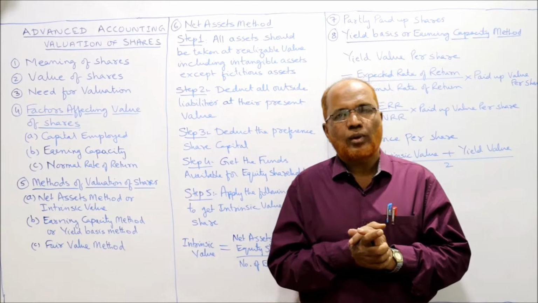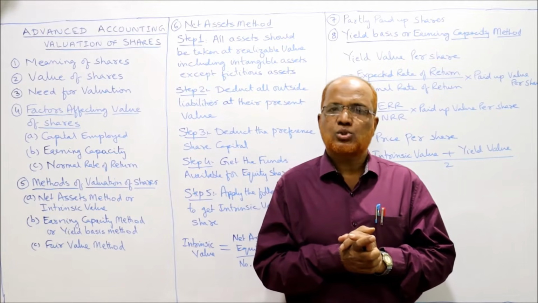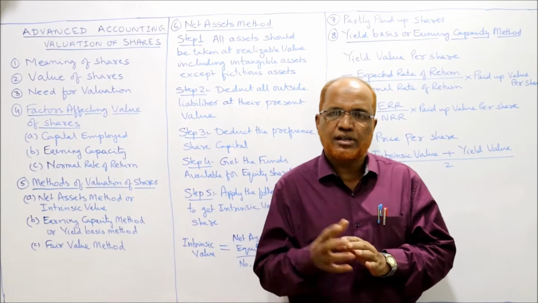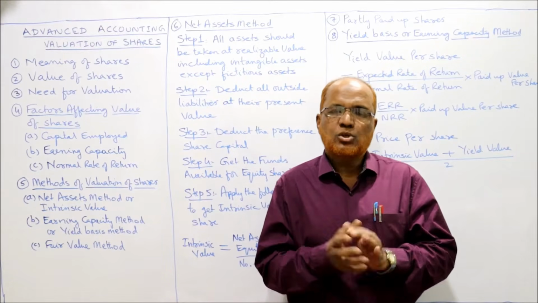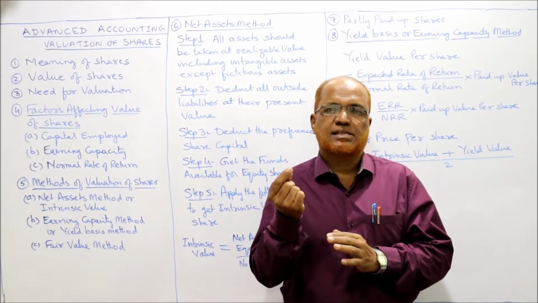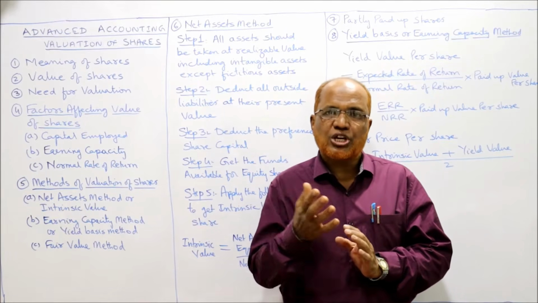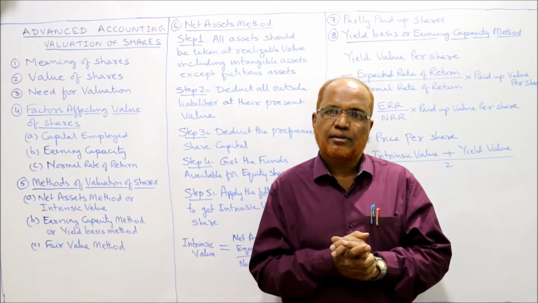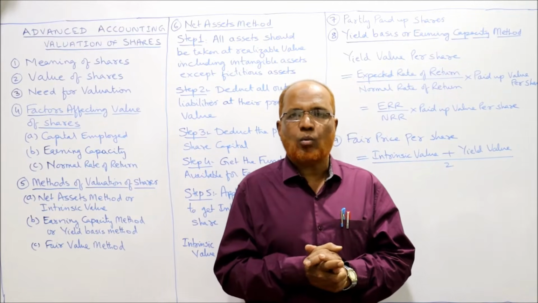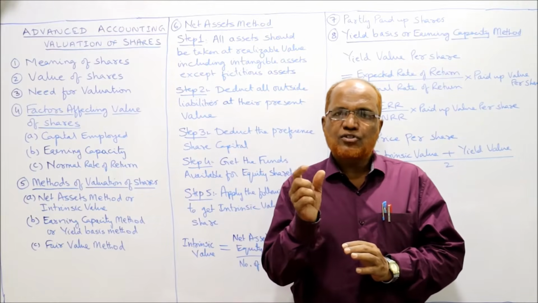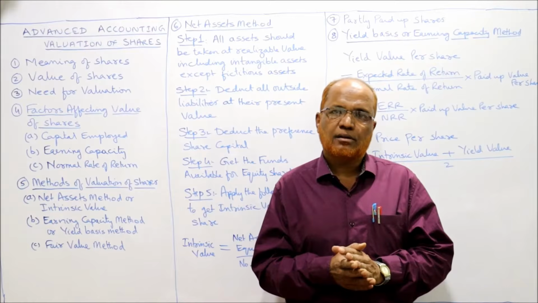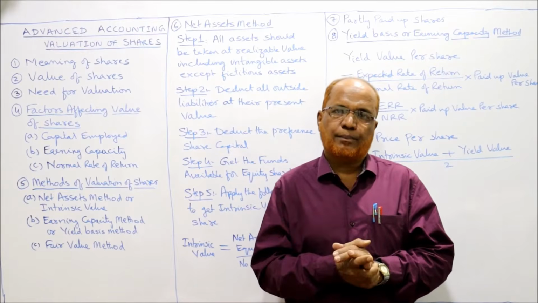Market value is the value at which the shares are bought and sold in the stock exchange. The stock exchange is the market where securities are bought and sold. The price at which shares are exchanged between buyer and seller in that market is called the market price. The third one is the intrinsic value of a share. It is the value of the share which depends on the assets and liabilities of the company, the net worth of the company.